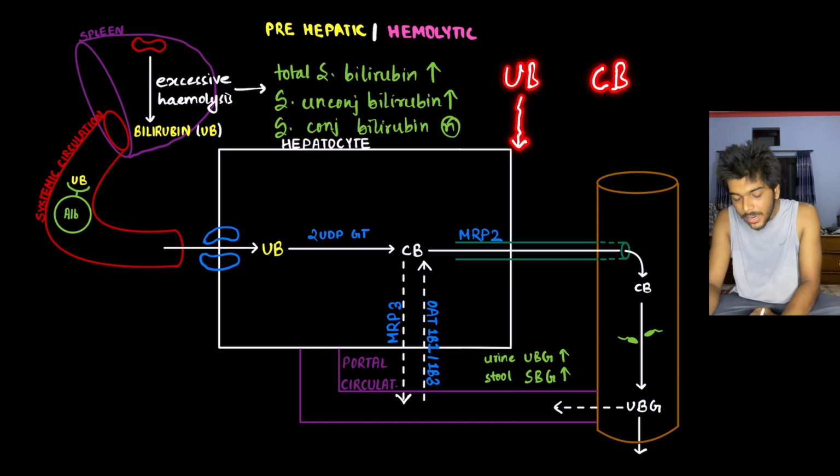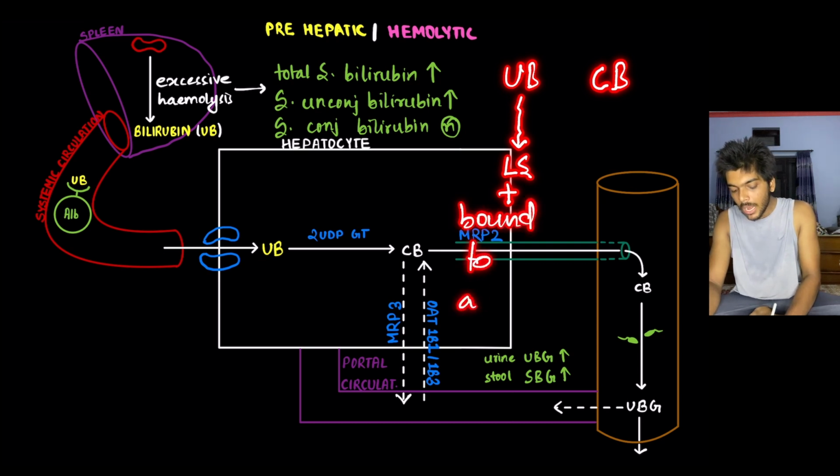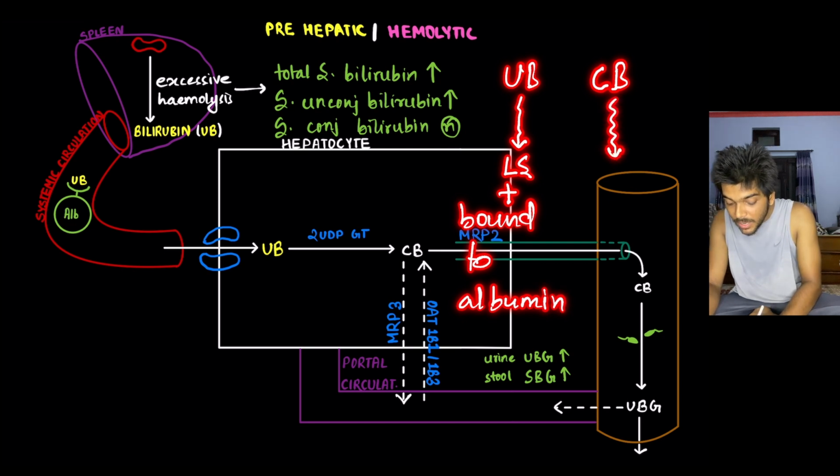Unconjugated bilirubin is lipid soluble, but it is bound to albumin. Conjugated bilirubin, on the other hand, is water soluble and excretable.